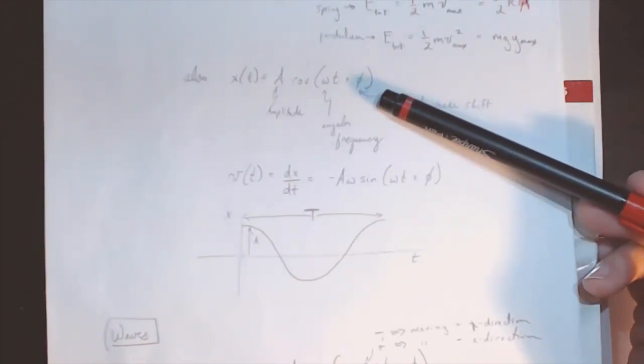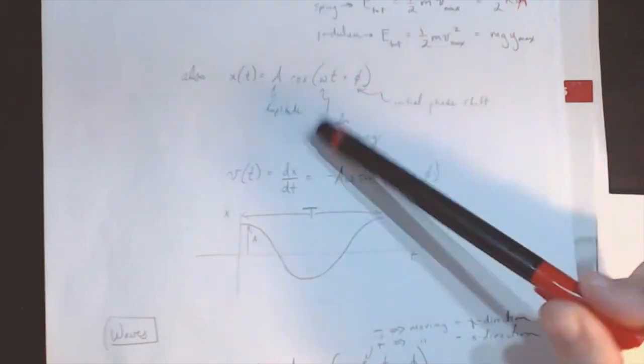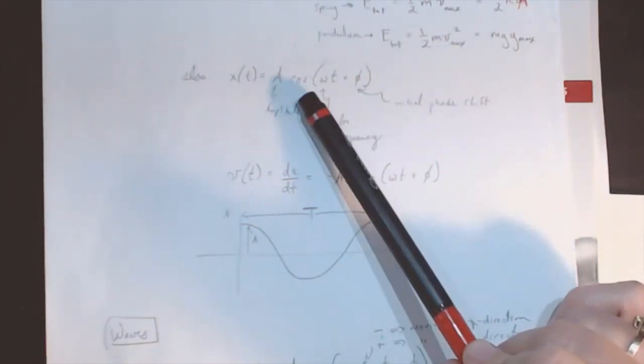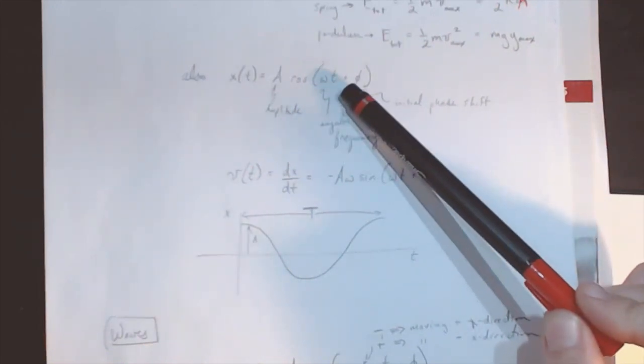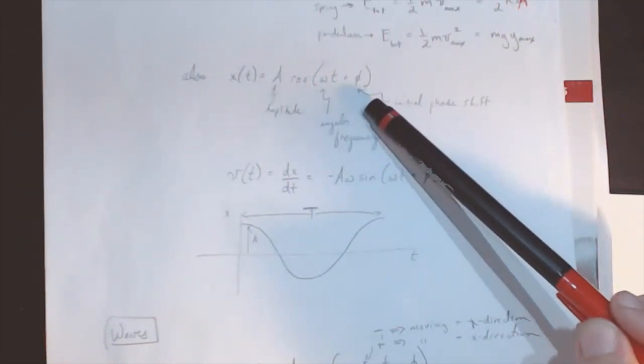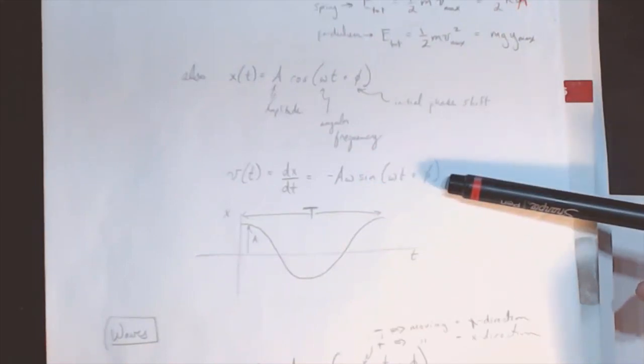The equation of motion for this that we would be using is the position as a function of time, the amplitude cosine of the angular frequency omega times t plus the initial phase shift if there is any, and the velocity of your oscillator is just the derivative of that with time.